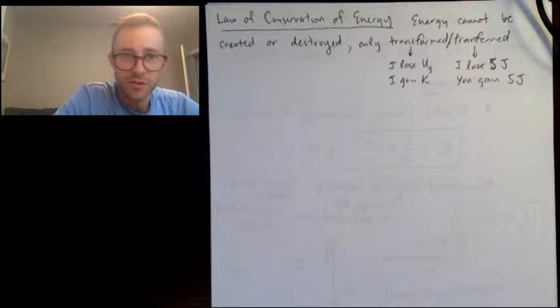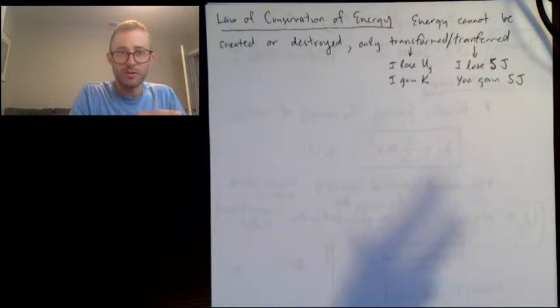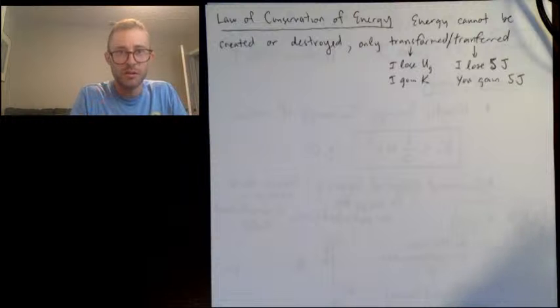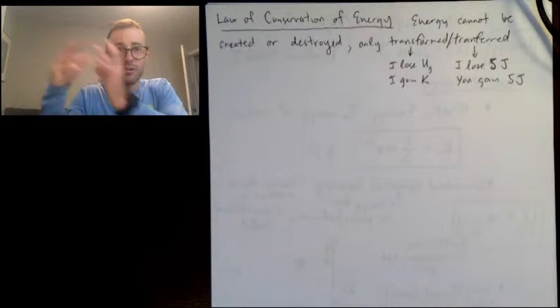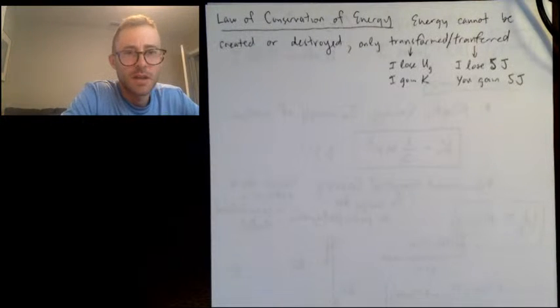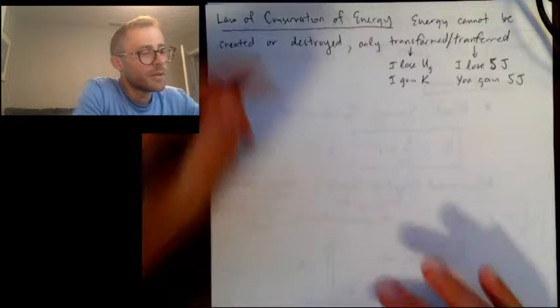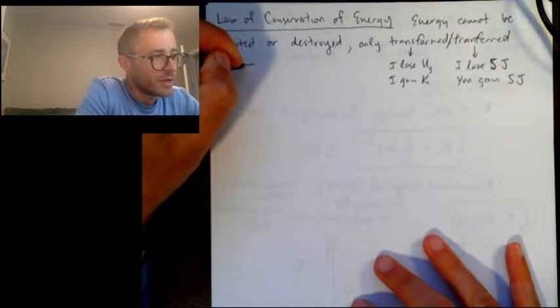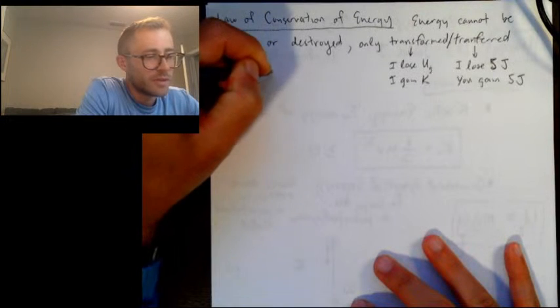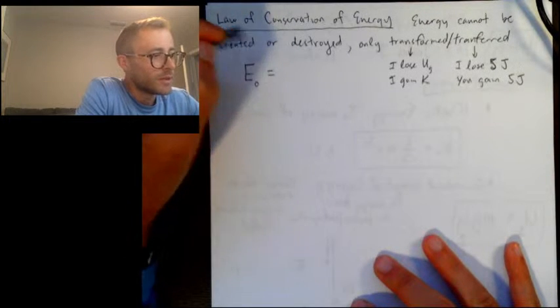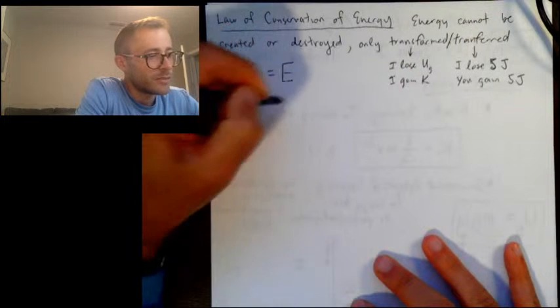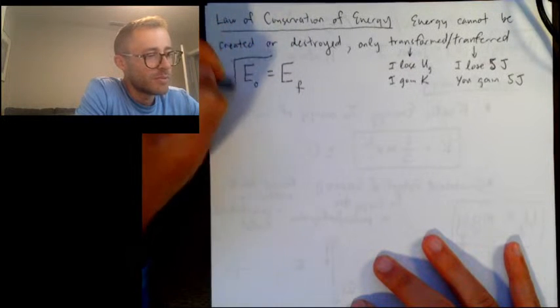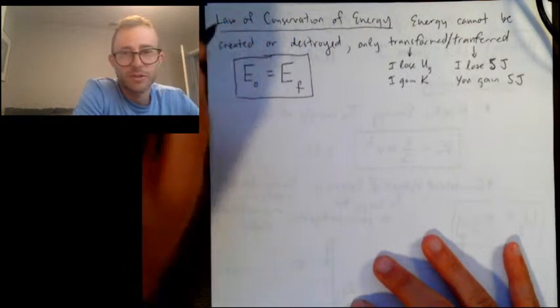So it can be transformed from one type to another type within a particular object, or it can be transferred from one object to the other. So if I wanted to say this mathematically, then I would say that the initial energy is equal to the final energy. So this is the mathematical statement of the conservation of energy.